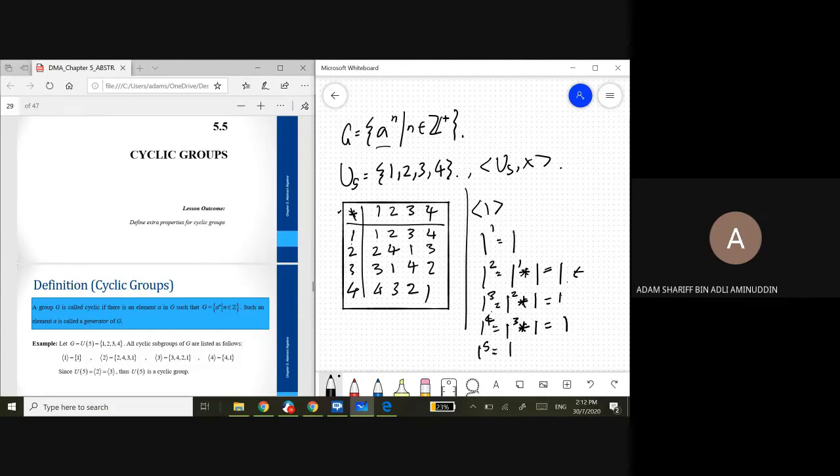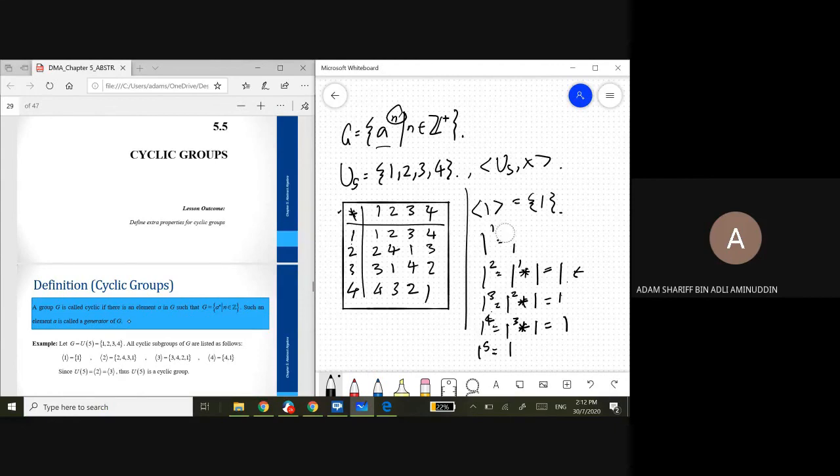I think in my face-to-face lecture on number theory, I already mentioned this. Modulo has a cycle, and this is a cycle of 5, so it will repeat the pattern. 1 will only generate 1, unfortunately, up until to the power of n. Okay.